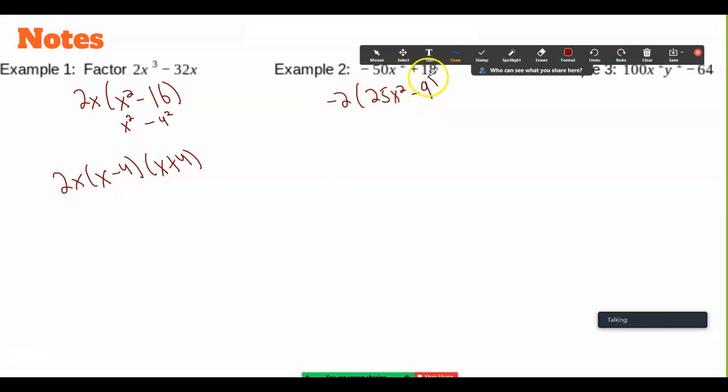This becomes a 5x squared and this becomes a 3 squared.